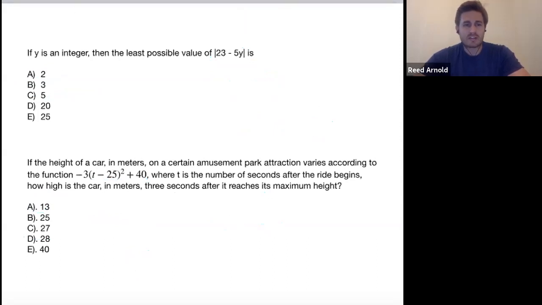All right, friends, let's do the last question here. This will be, I suspect, a challenge, harder than some of the other ones we've done today.